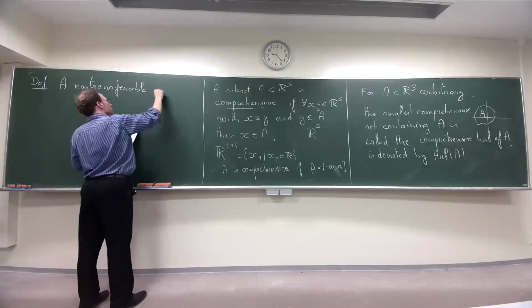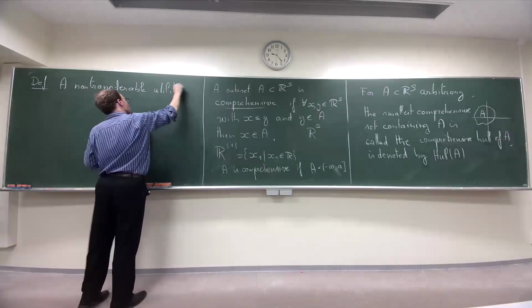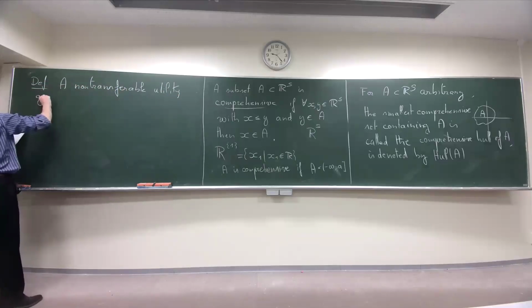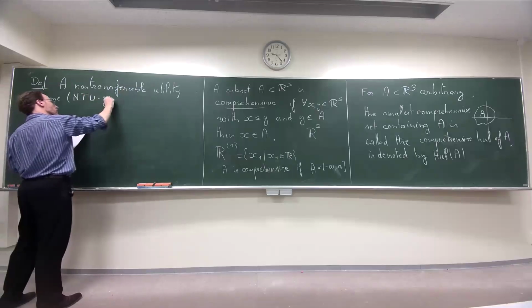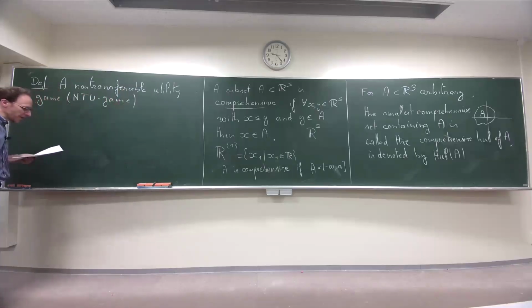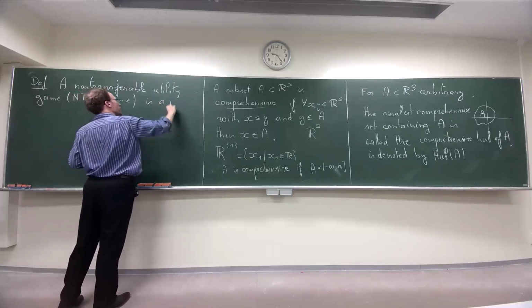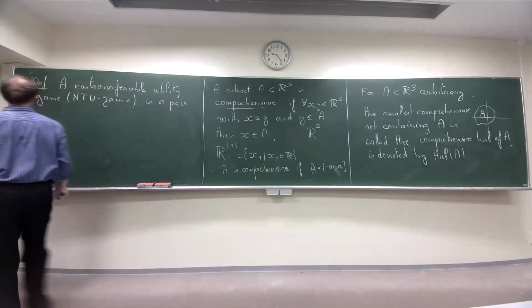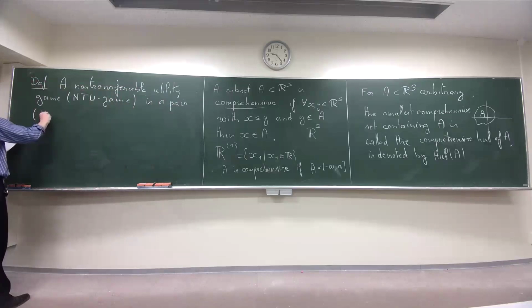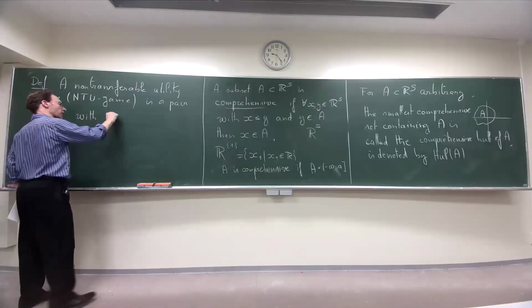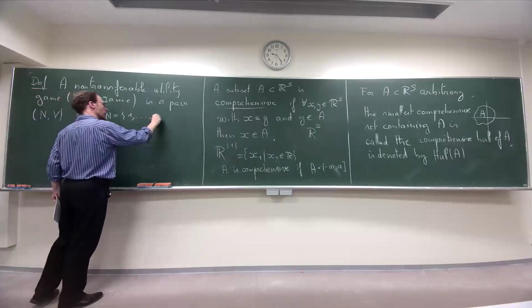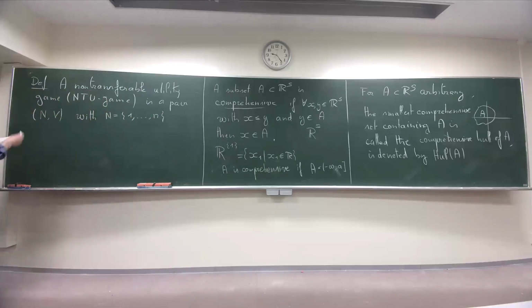It's in fact only two things. It's a pair (N, V). It's rather simple. And you already know N, our set of n players. But V, of course, is a bit more complicated.